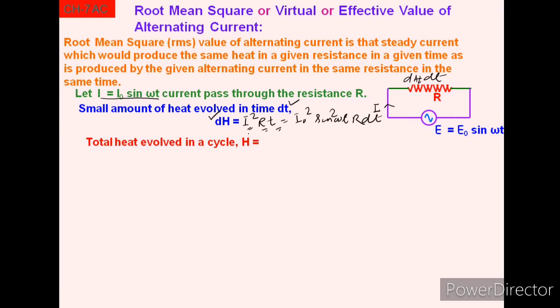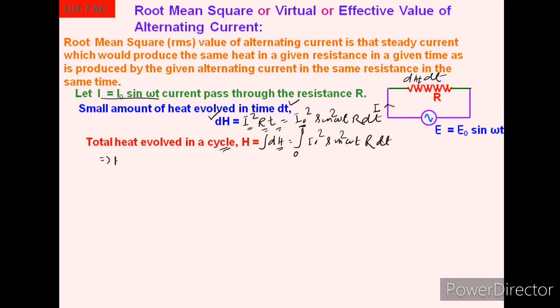So for the total heat evolved in one cycle, we have to integrate the small amount of heat evolved. So when we integrate, putting the value of dH, I naught square sin square omega t R dt, we have to take the time interval from 0 to t.